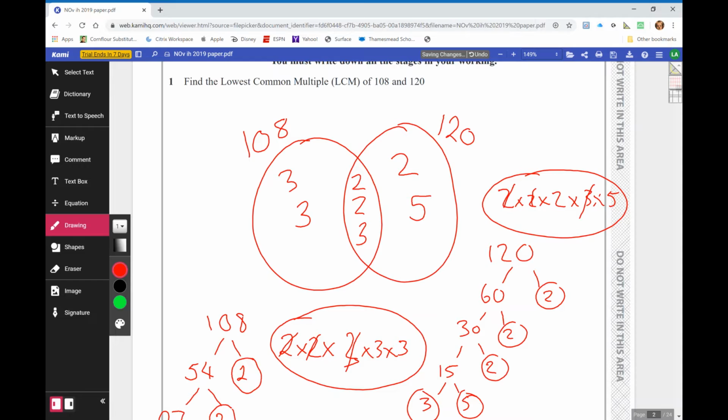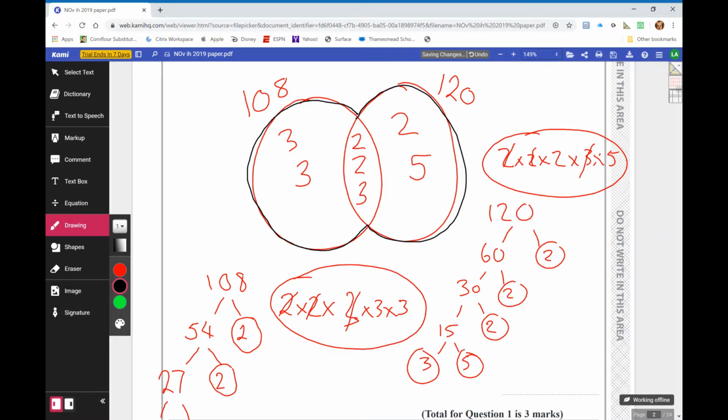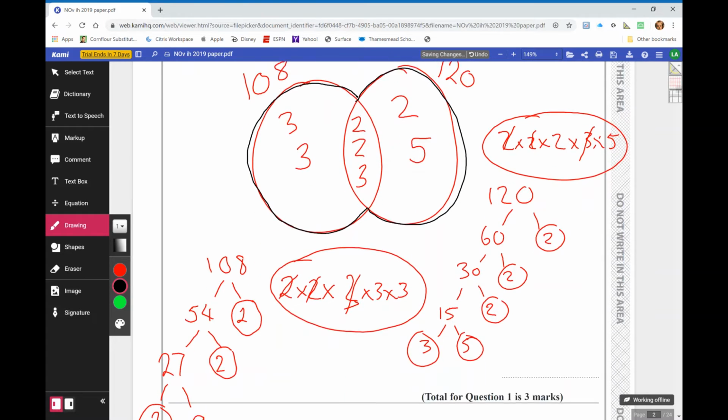Now, to find the lowest common multiple, you would multiply everything together in all of this Venn diagram. If you wanted to find the highest common factor, that would be just the middle section, but this is the lowest common multiple.